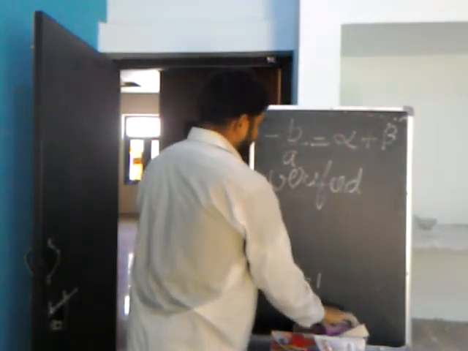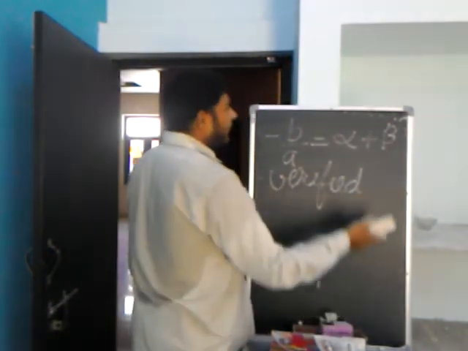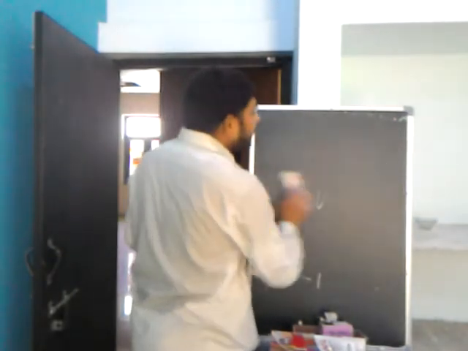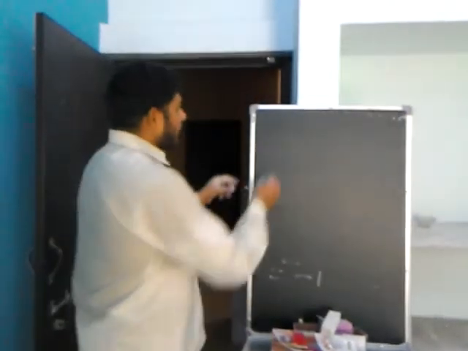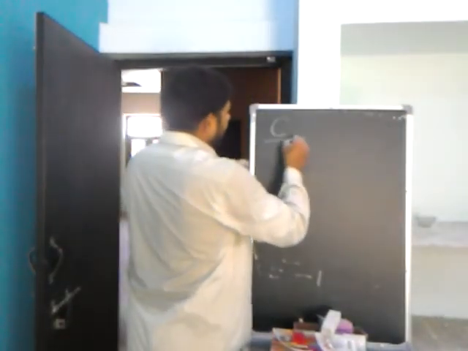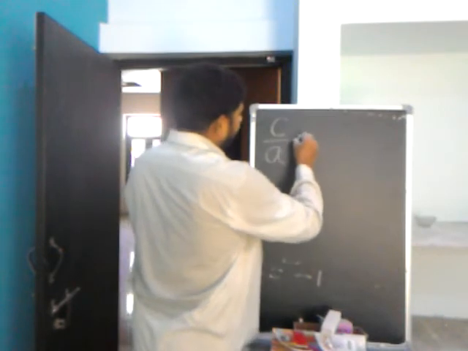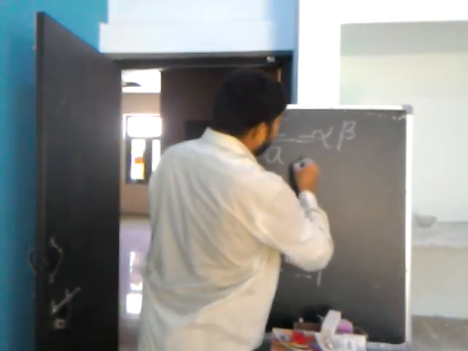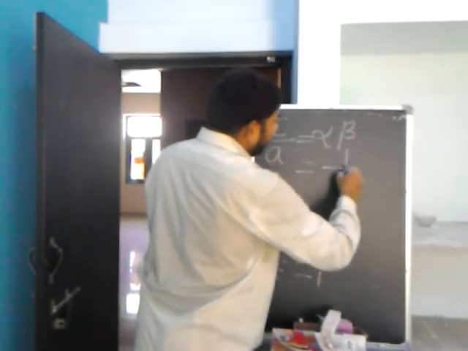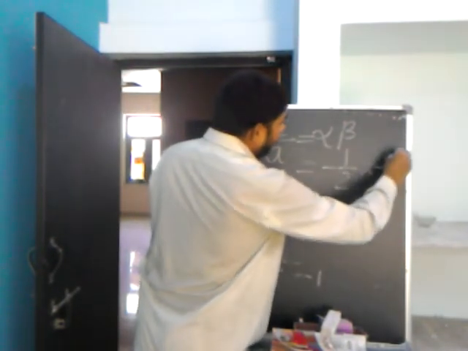Next, now we will see whether c upon a is equal to alpha into beta or not. C upon a is equal to alpha into beta, that means minus 1 by 2 into minus 1 by 2.